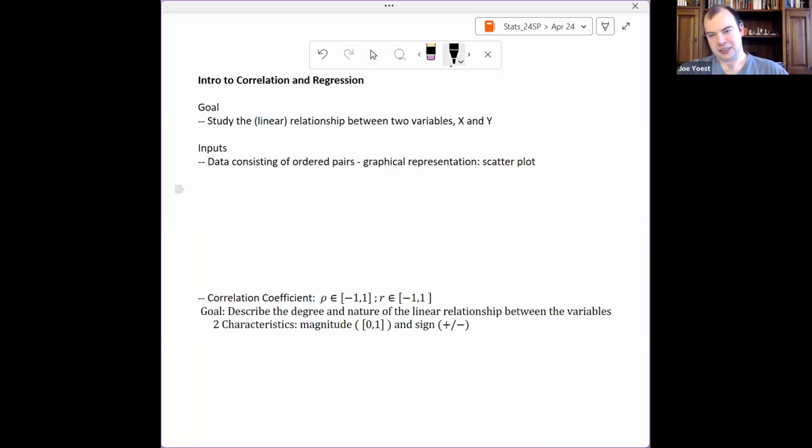So my data looks like: data point 1 is x1, y1, data point 2 is x2, y2, and data point n is xn, yn, where these are ordered.